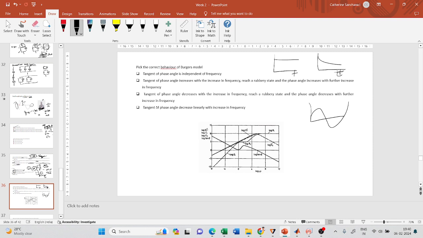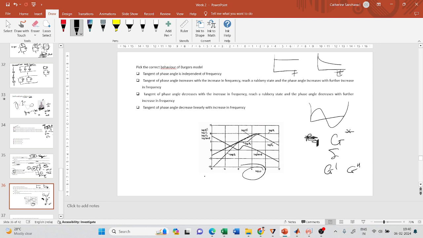When it is subjected to oscillatory loading, in all three cases, Burger's model, Kelvin model, or Maxwell model, Padma ma'am would have explained how the material parameters, not model parameters, either modulus or delta, or storage modulus or loss modulus, vary with frequency.